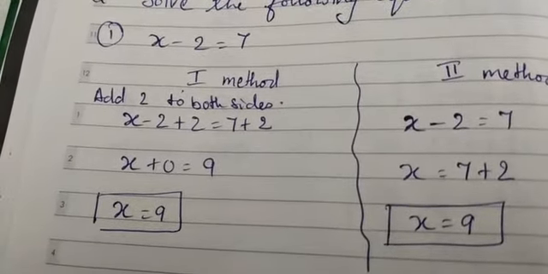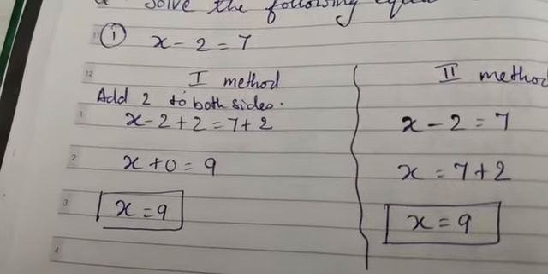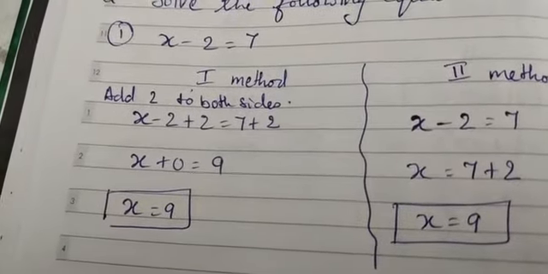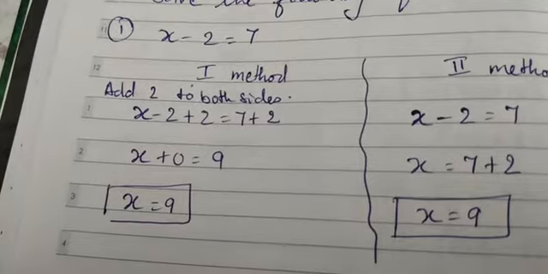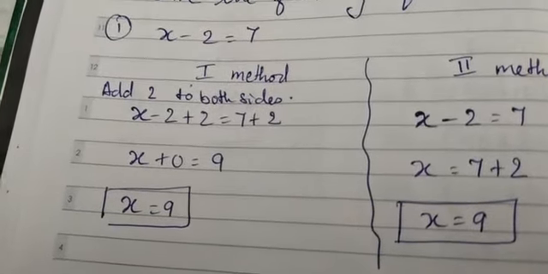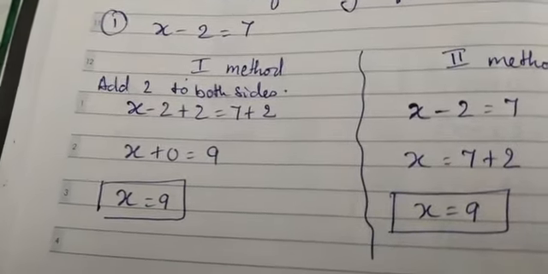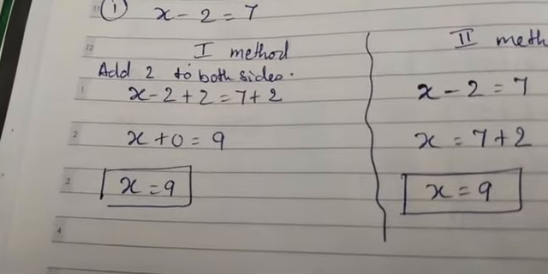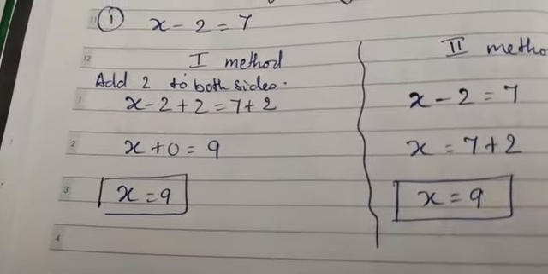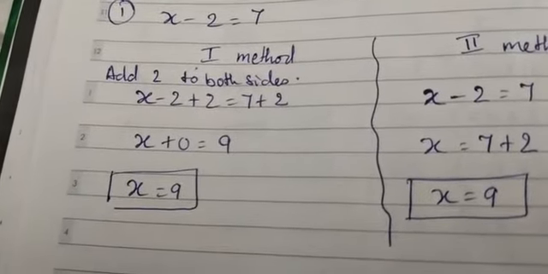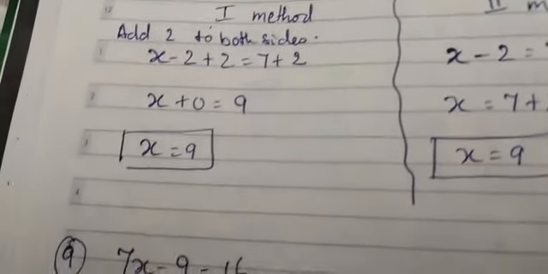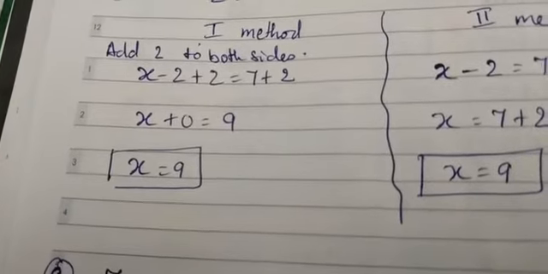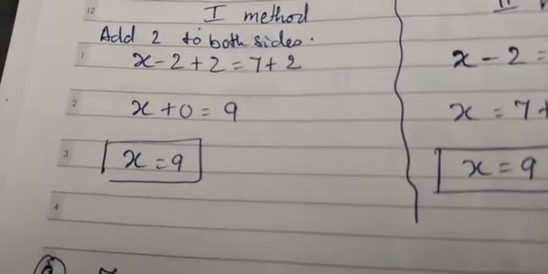We have to balance, because we know whatever we add, the same thing we have to subtract. So on both sides we are going to add positive 2. On adding, what do we get in the next step? x plus 0, because minus 2 plus 2 is 0. And on the right hand side, 7 plus 2 becomes 9. So finally, what is the answer? x is equal to 9.